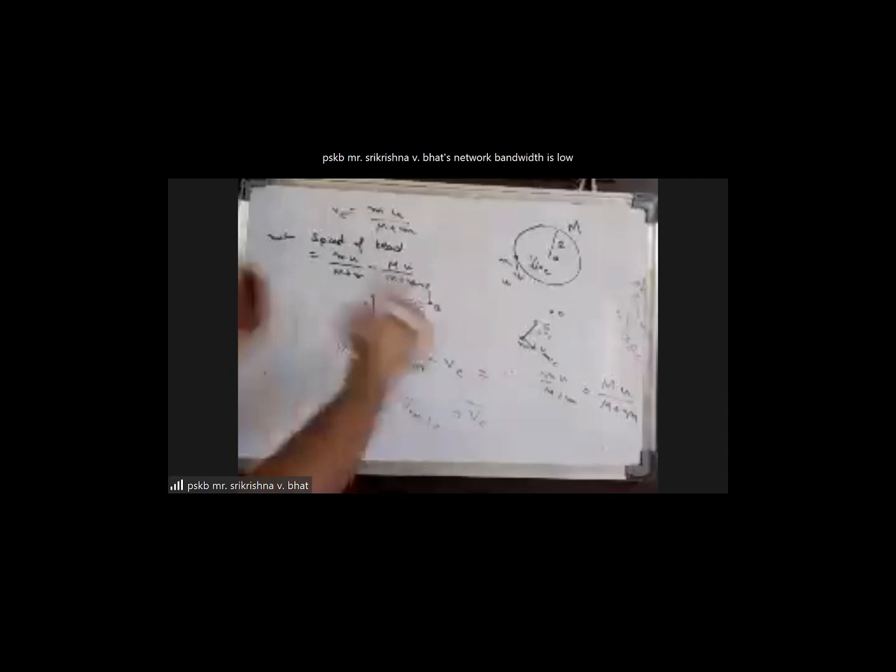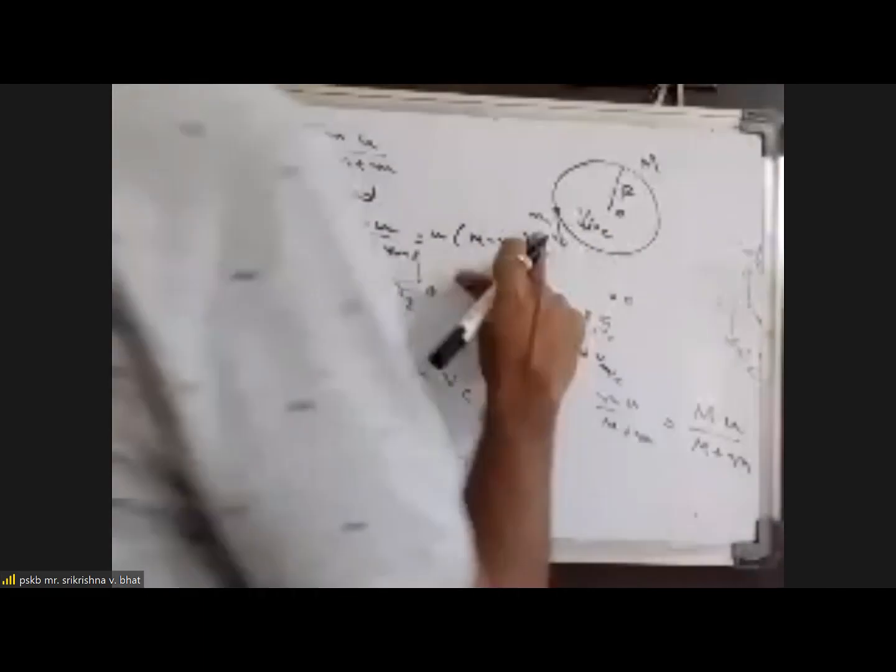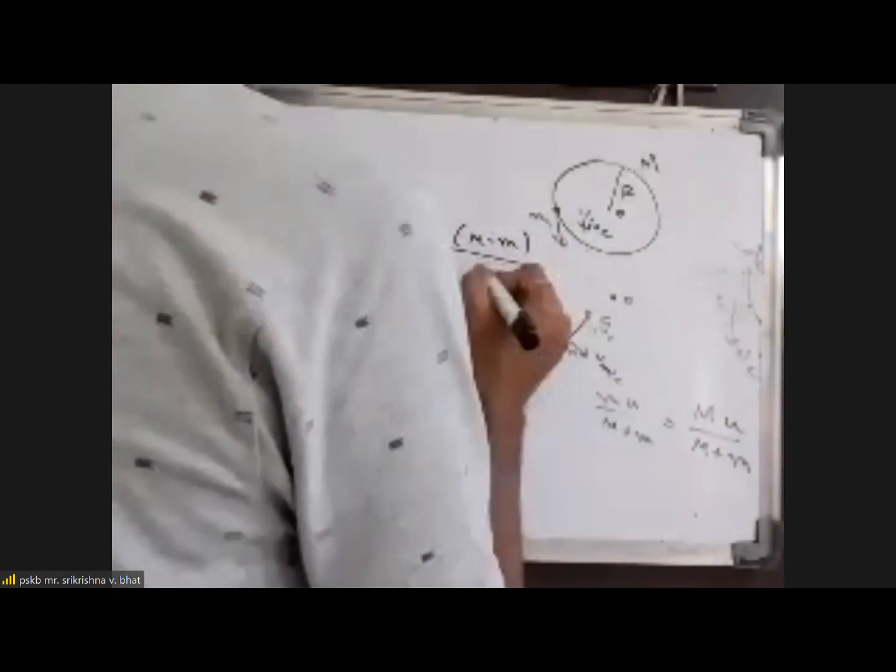You can take difference either way, because we don't know which of m or capital M is greater. So the difference of both we can take. That will be the minimum speed. So it will come out to be equal to u into (M minus m) by (M plus m). I'm assuming that capital M is more than small m, the ring mass is more. So that will be the minimum speed.